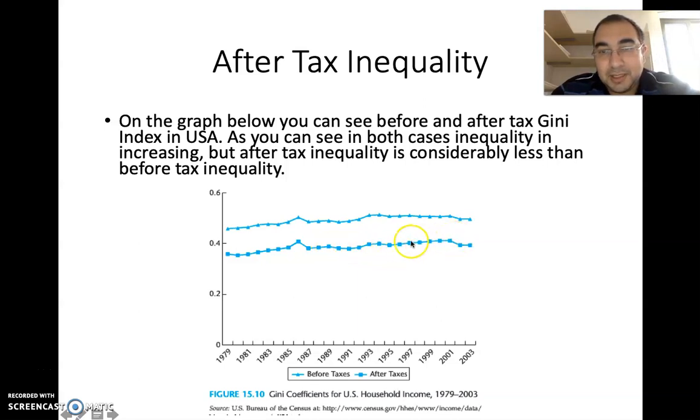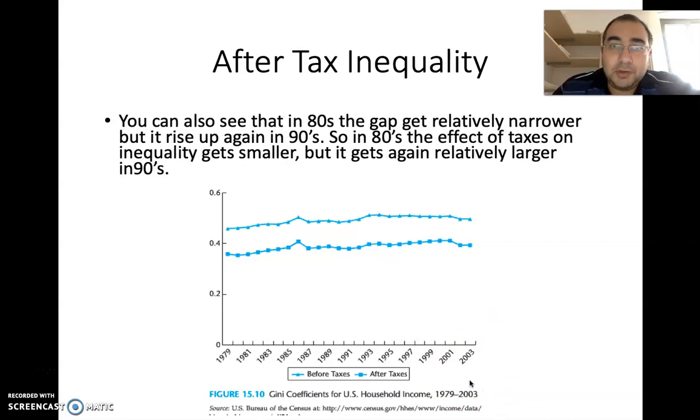But in the 1990s, there is a more visible but still small decrease in the after-tax inequality. You can look at what happened after 2003, which will be an interesting thing for you to look upon. But I am continuing.